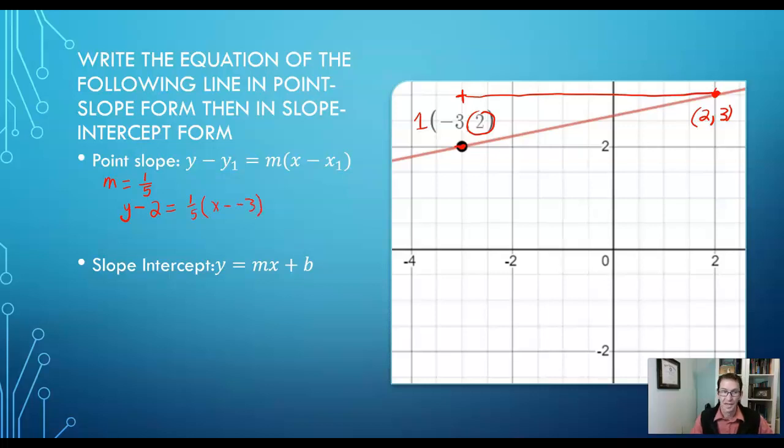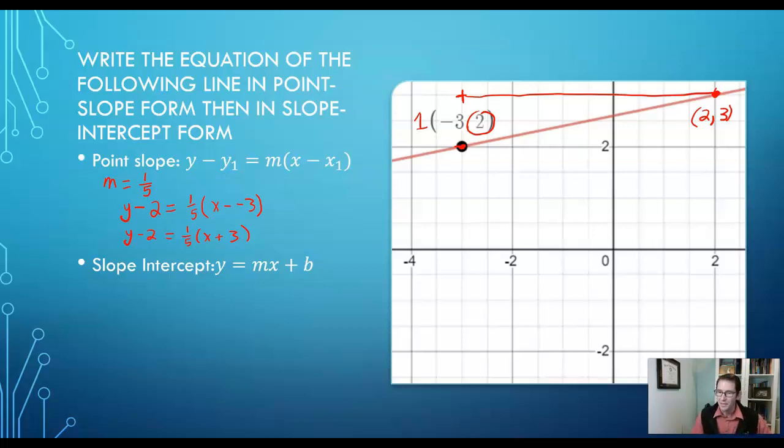As we just discussed, seeing minus and negative isn't always the easiest way to think about numbers. So I'm just going to say y minus 2 is equal to 1/5 times x plus 3. So there it is. That's the point slope of a line.